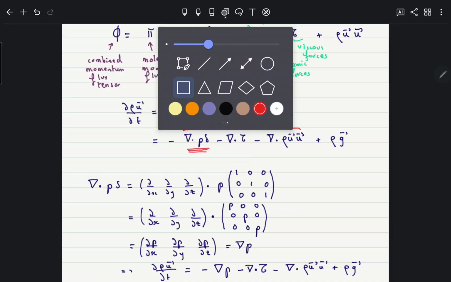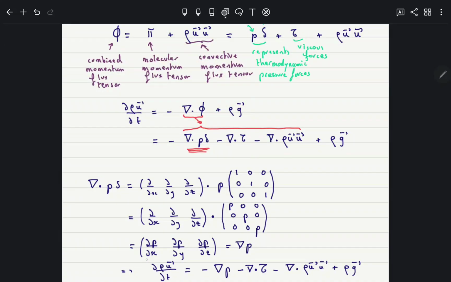That's going to be the end of the first part, where we looked into how to use the combined momentum flux tensor in our equation of motion. What we're going to do next is look at the time derivative on the left hand side of the equation, and that divergence of the dyadic product. We're going to say that they can be combined using what we call the substantial derivative. That's in the second part of this little lecture.